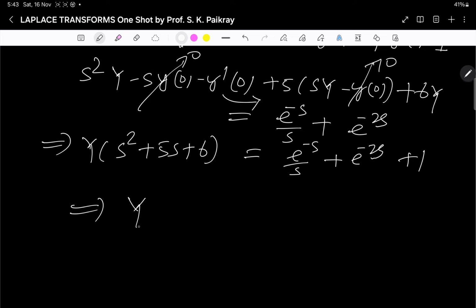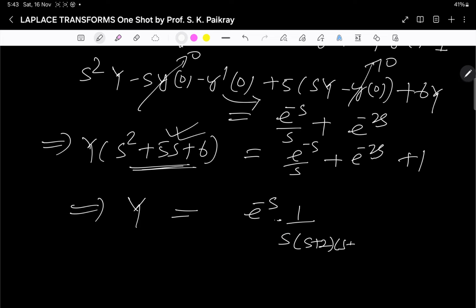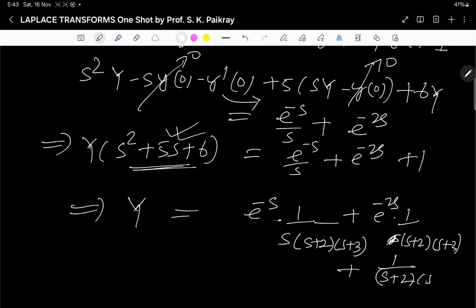So this implies my y will be equal to, the factorization of this is e to the power minus s into 1 by s into s plus 2 into s plus 3. Okay, similarly it is e to the power minus 2s into 1 by s into s plus 2 into s plus 3, and plus here 1 by s plus 2 into s plus 3.